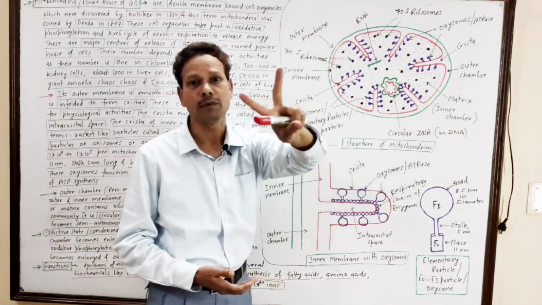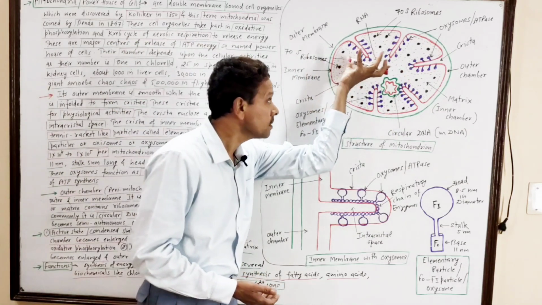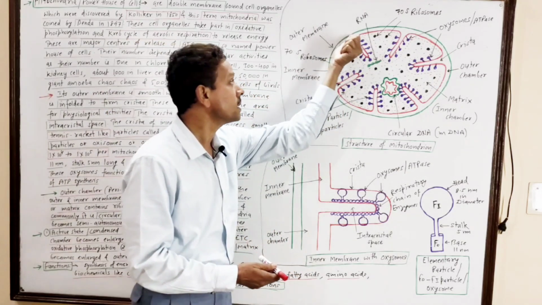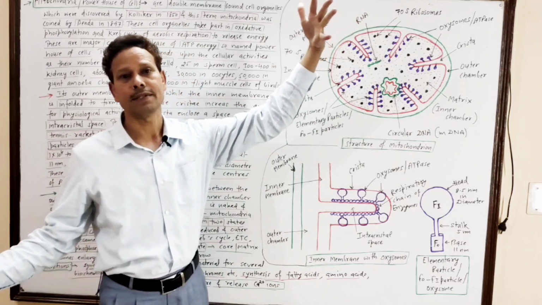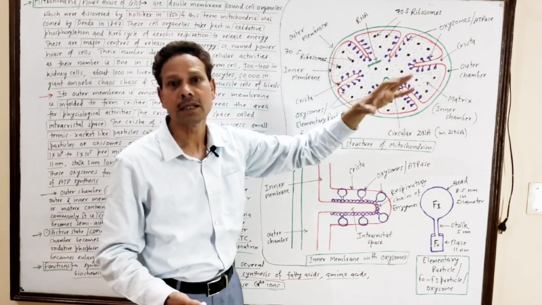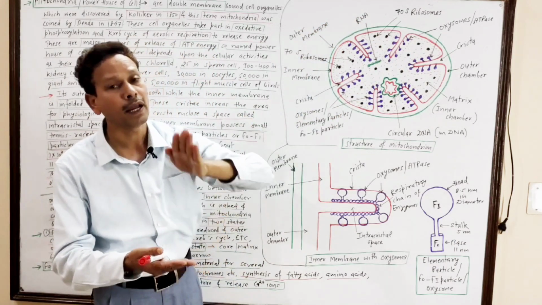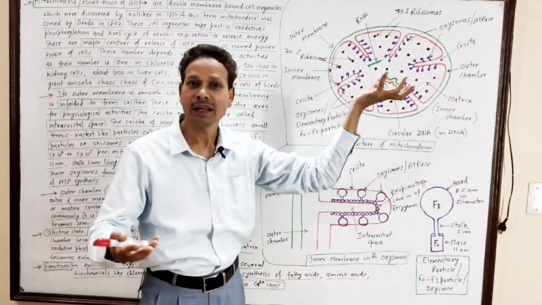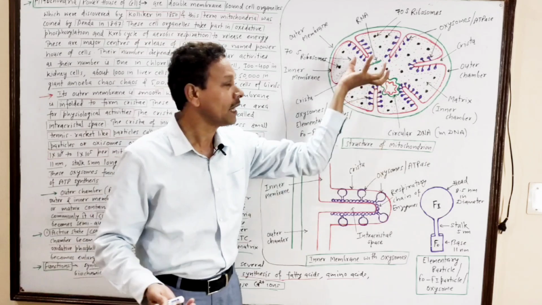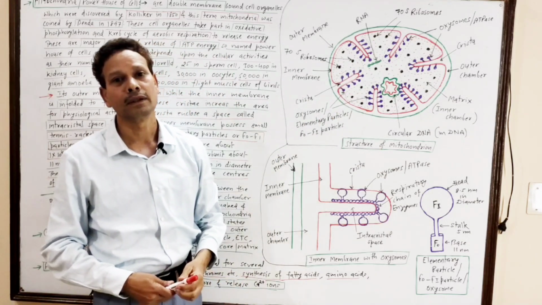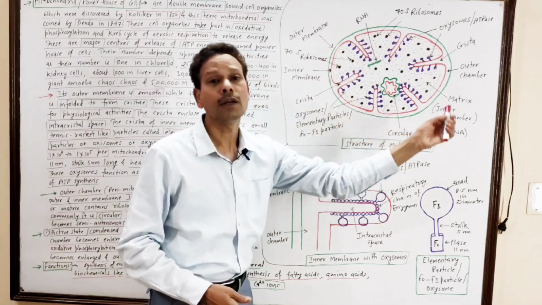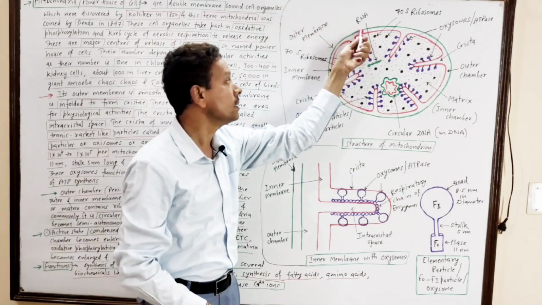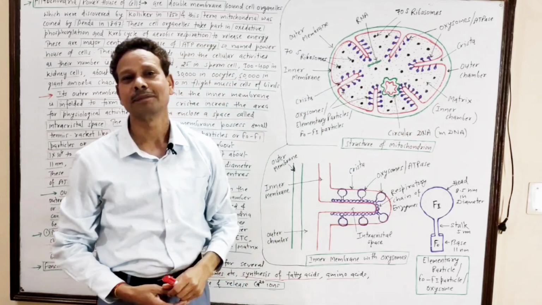In the active state, this matrix becomes condensed, reduced, while this outer chamber becomes enlarged, and it occurs at the time of the Krebs cycle and oxidative phosphorylation. And the inactive state is the orthodox state. In the inactive state, this matrix becomes enlarged and this chamber gets reduced.